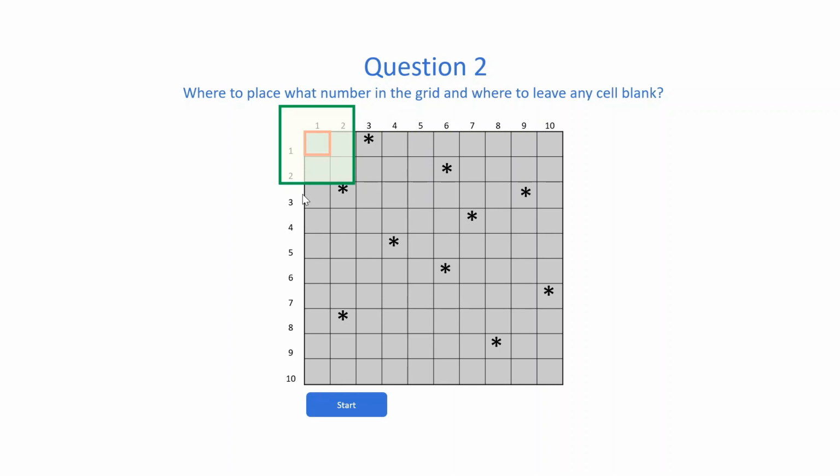If there are no bombs, we leave the cell blank and move to the next cell and follow the same steps. Here we see we have one bomb in its surrounding, so we will place one over here. If the cell itself contains a bomb, we'll skip the cell and move on to the next cell. Similarly, we do this for all 100 cells while traversing through the loop.